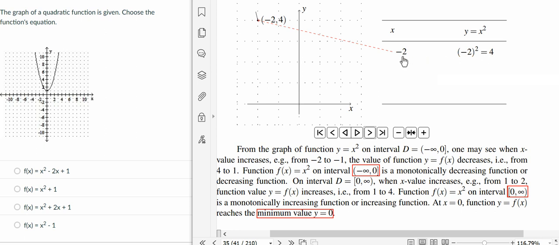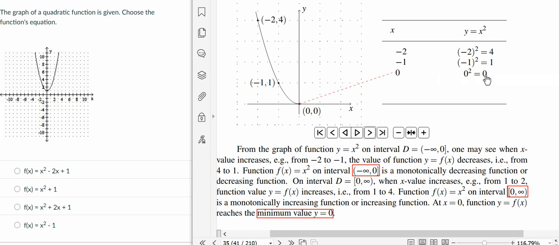So -2, 4 is on the graph. That's the first point. The second point is x equals -1, -1 squared is 1. That's this point. So -1, 1.